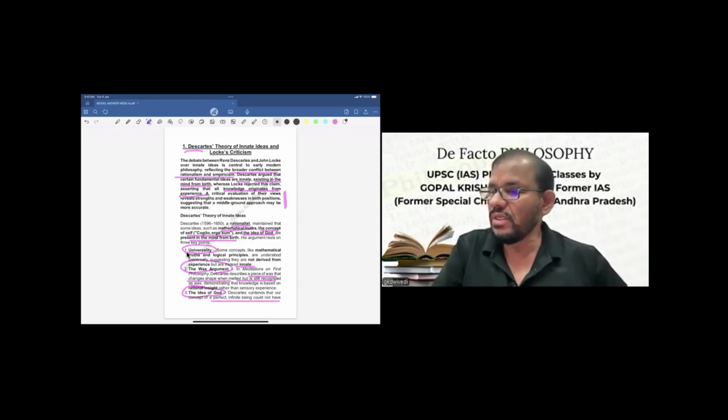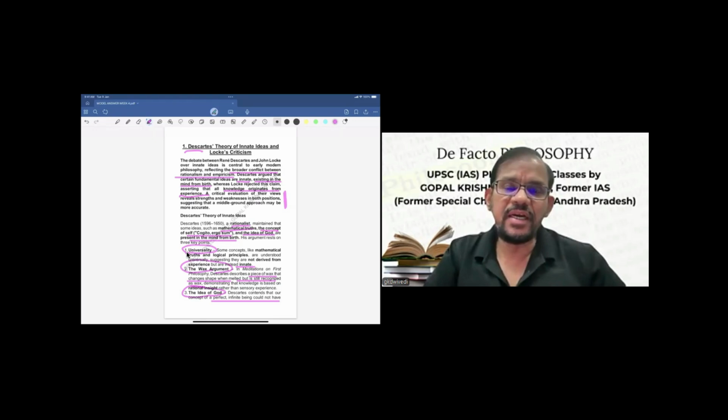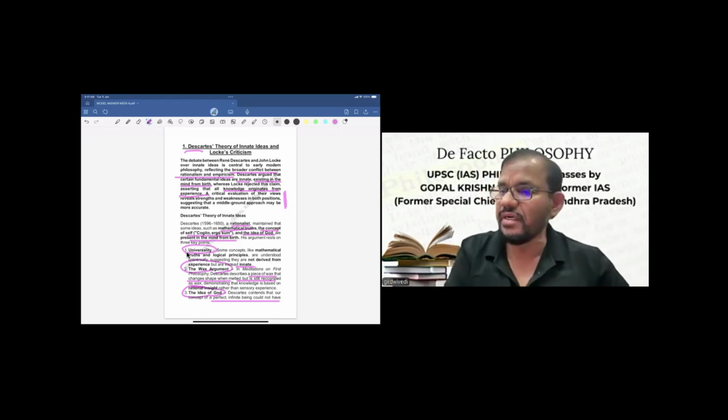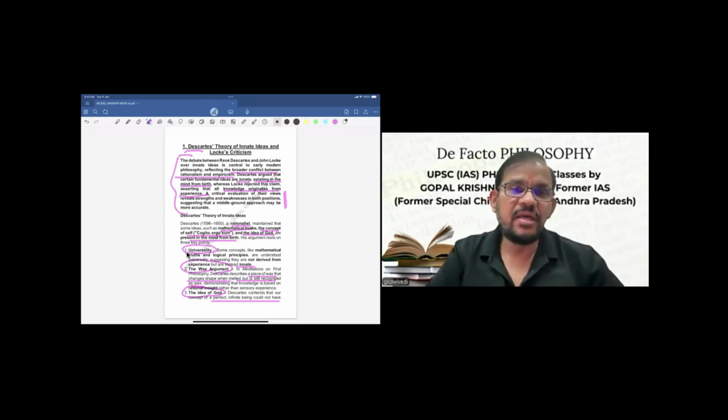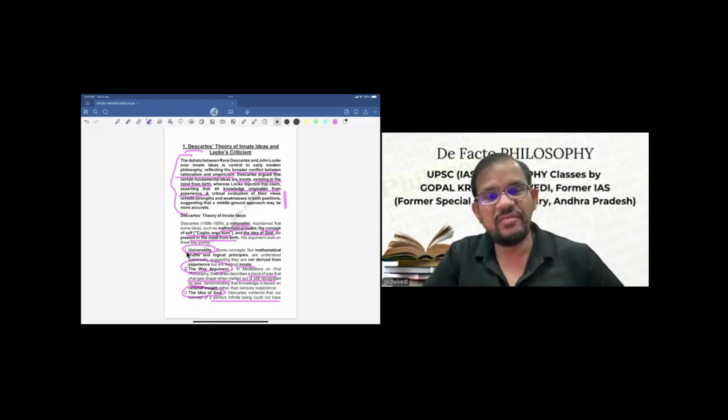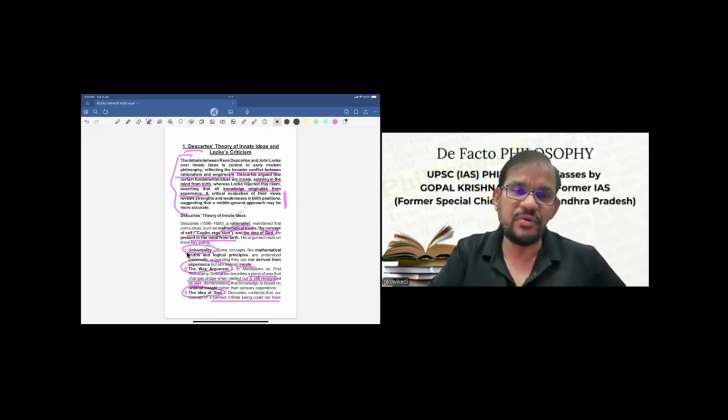As I told, there is a broader conflict between rationalism and empiricism. This is the introduction, which explains how rationalism and empiricism are two different approaches to reality as well as to epistemology, whether it is theory of knowledge or theory of reality.